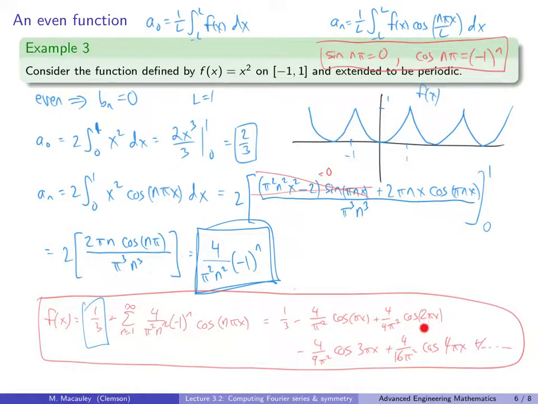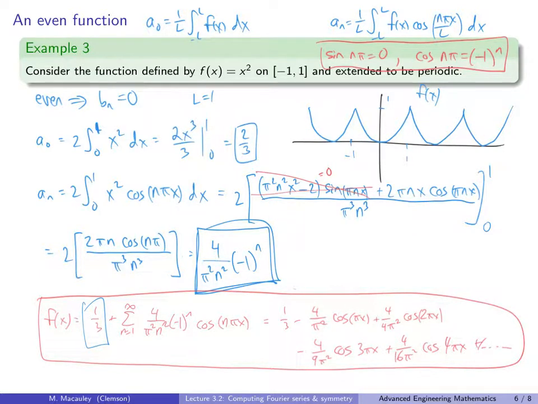So ignore this term. Look at just these cosine terms. Add these up together, and however you will, the average value of these cosine waves, whether you have one of them or a sum of 10 of them or infinitely many of them, the average height, is going to be 0, because cosine waves are symmetric. They spend just as much time above the axis as below it. This function does not have an average value of 0.